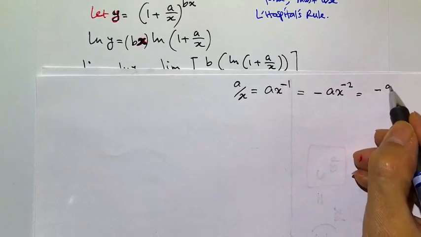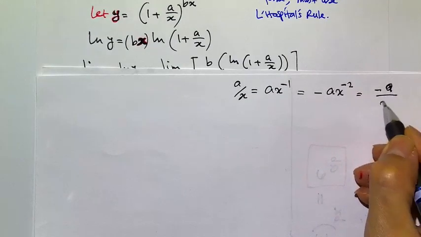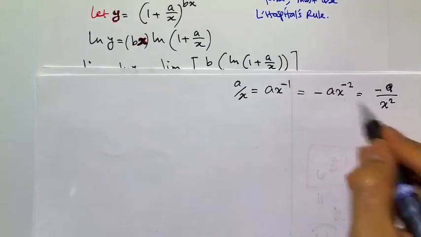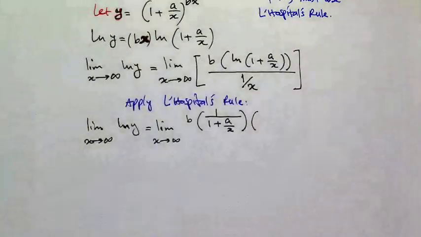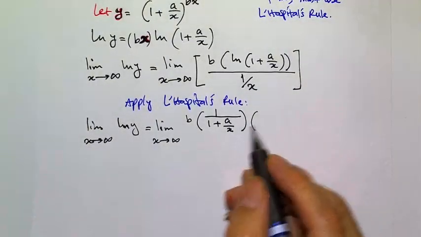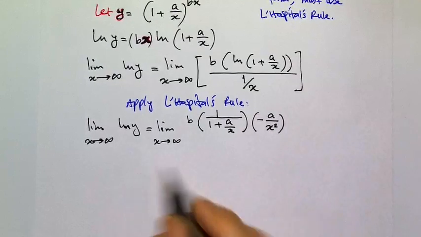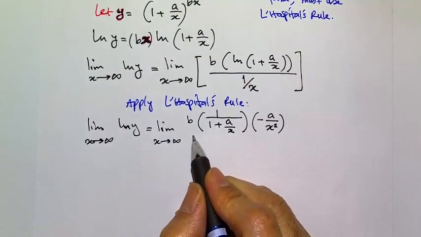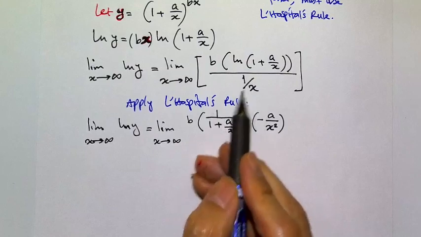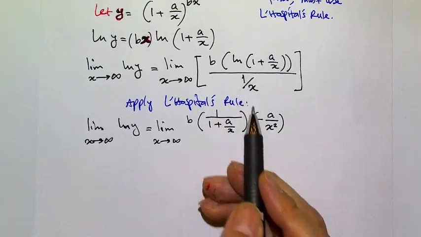Or we can write minus a over x squared. That would be the derivative of that. So minus a times minus a over x squared. Okay? And then, of course, the derivative of this 1 over x is minus 1 over x squared.